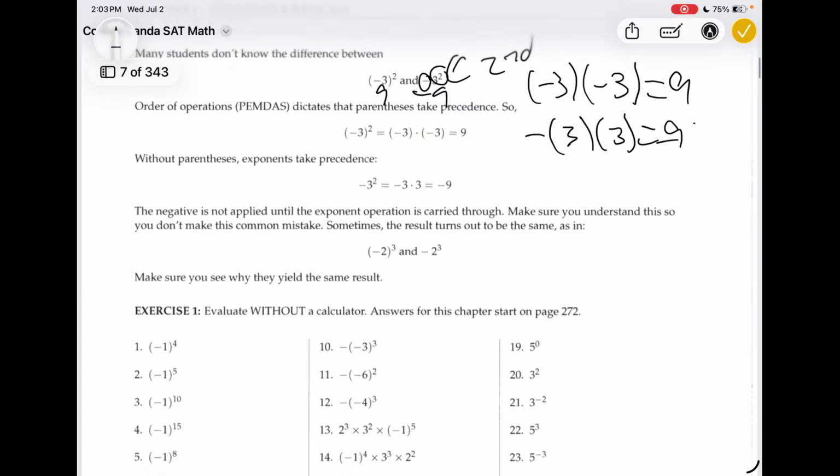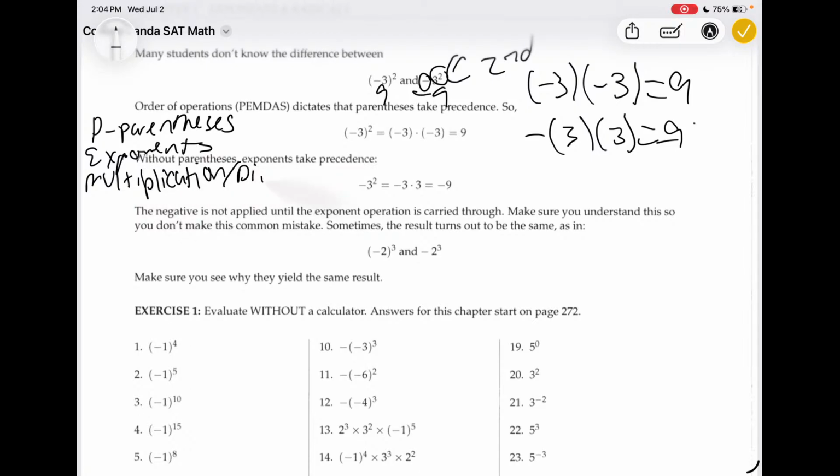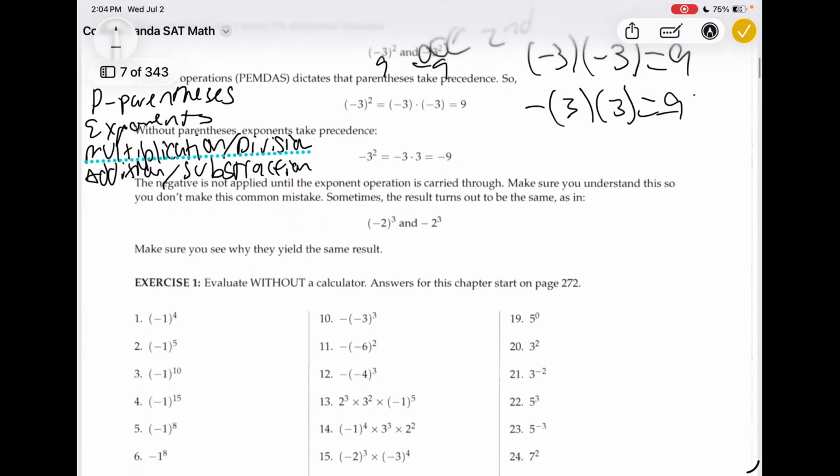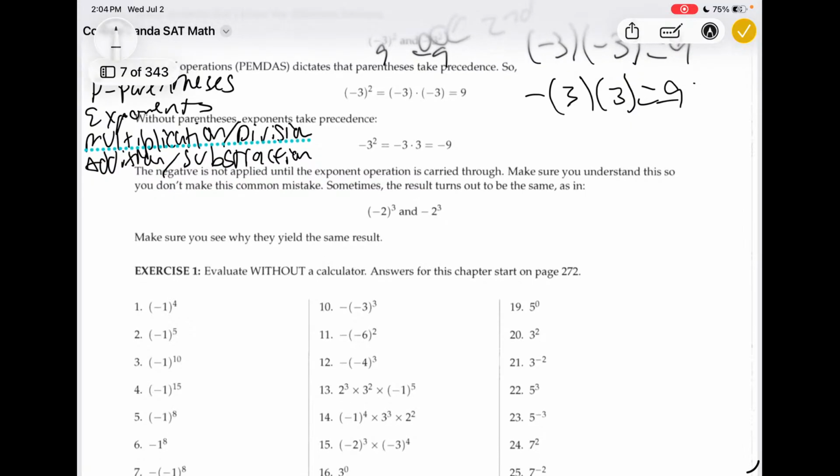Order of operations, PEMDAS, dictates that parentheses take precedence. PEMDAS is parentheses, exponents, multiplication/division, addition/subtraction.